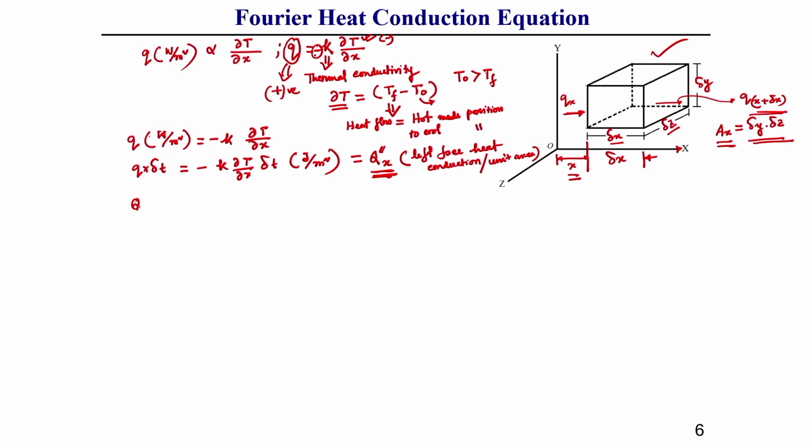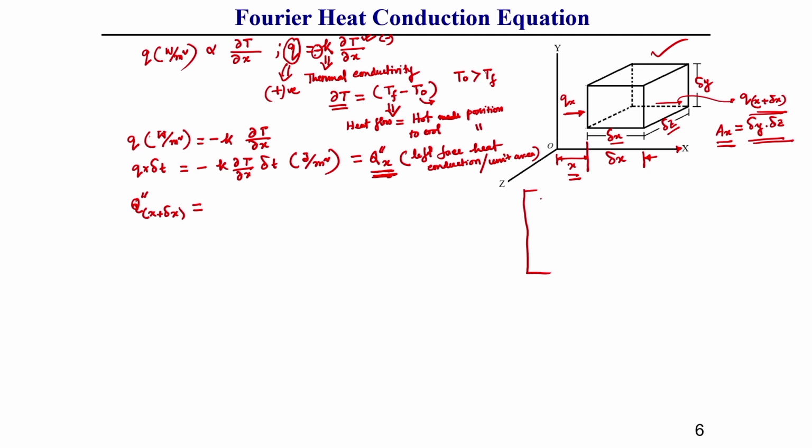Now, what should be the heat generally coming out from the right side phase along x axis direction, that I am representing in terms of q x plus delta x. This you can generally write by using what? By using Taylor's series of expansion. What is Taylor's series of expansion? That I am just discussing a little.